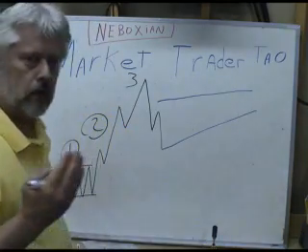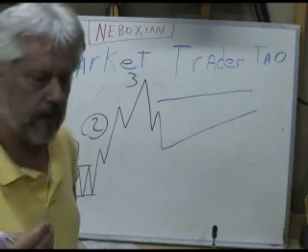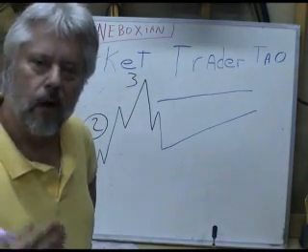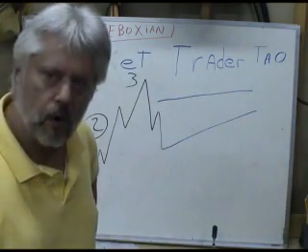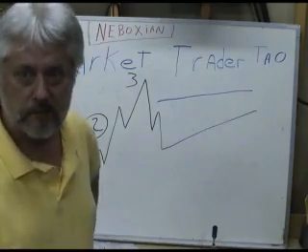When you're looking at a wedge, I find it's a very difficult pattern for people to pick out because they are prolonged and take a while to develop, and many people miss them.